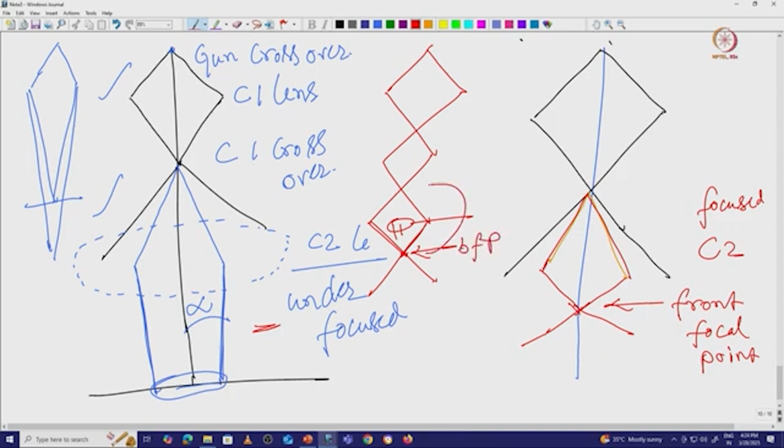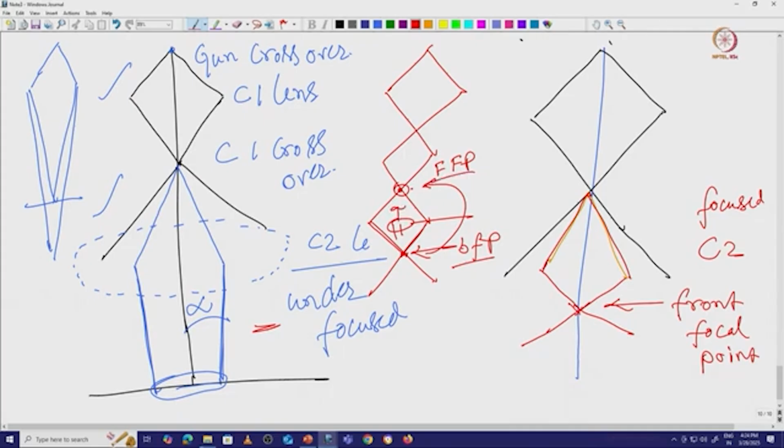Now if you just consider the opposite, where the electron beams are converged just above your sample, that is called your front focal point. So if this is a back focal point, the opposite part where electron beams are converged just above your sample is called the front focal point.